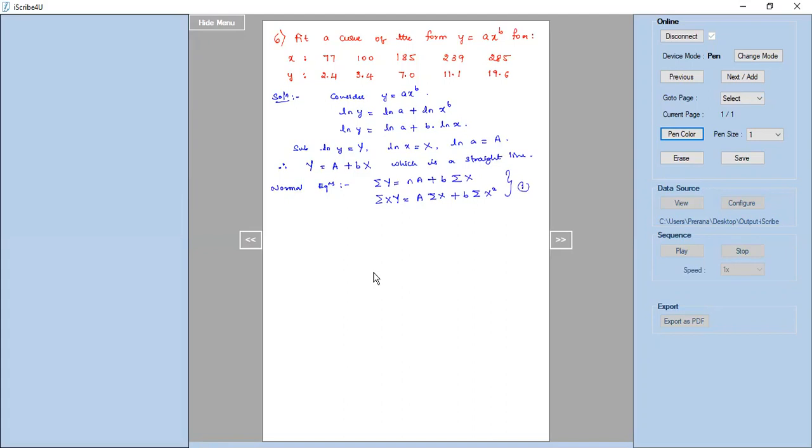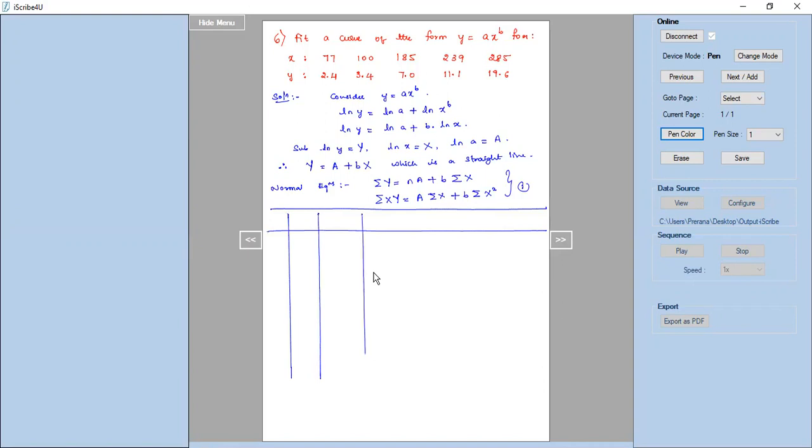Now we will form the relevant table. In the table, first two columns involve the set of values of x and y given in the data. And then we will have to frame capital X, capital Y, followed by capital X into Y and capital X squared.